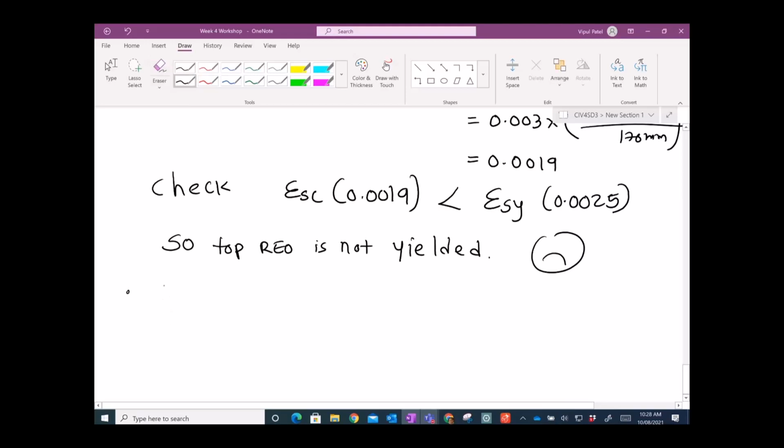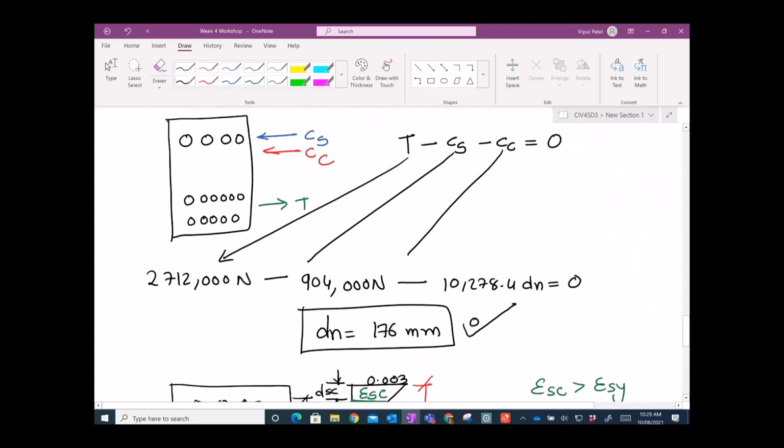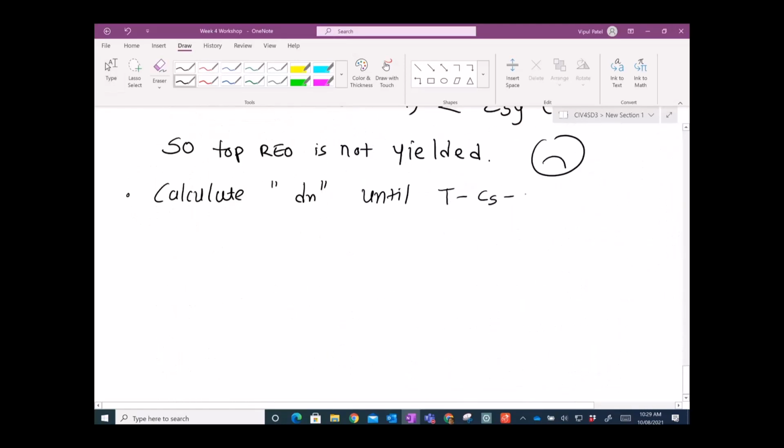Calculate dn, or find the dn, until you get this equal to 0: T minus Cs minus Cc equal to 0.